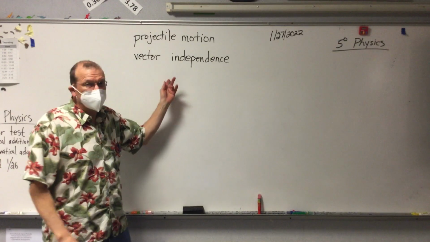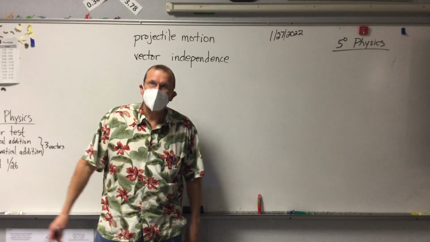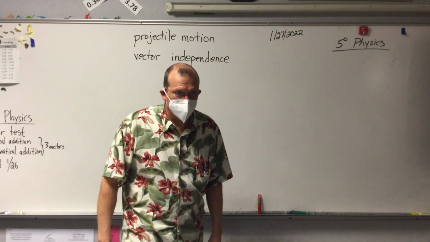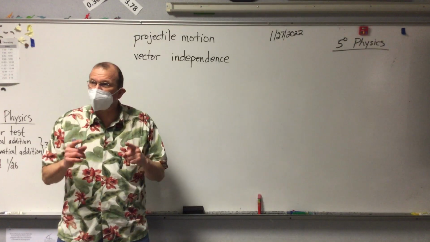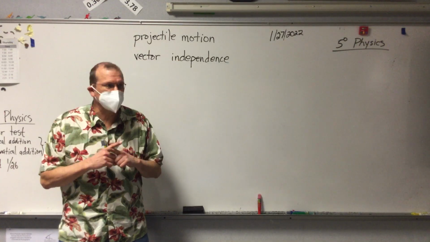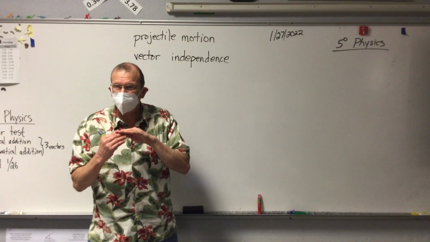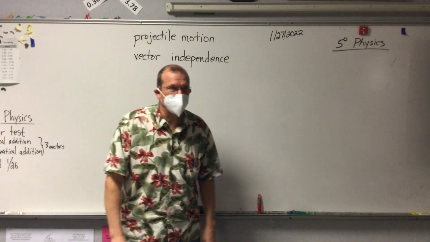And really, this only comes into play when you're talking about two or more vectors. And for those that remember, what's the key angle? 90 degrees. If two vectors are perpendicular to each other, that means that what happens in one dimension does not affect what happens in the other dimension.